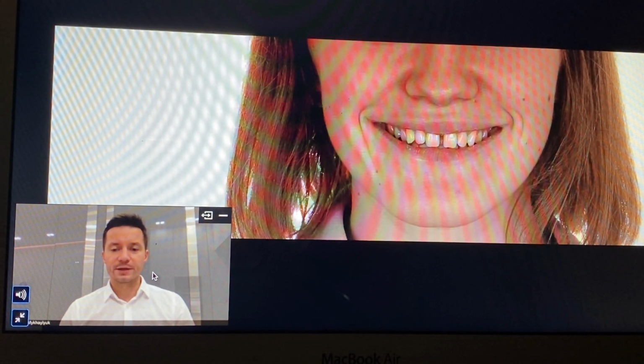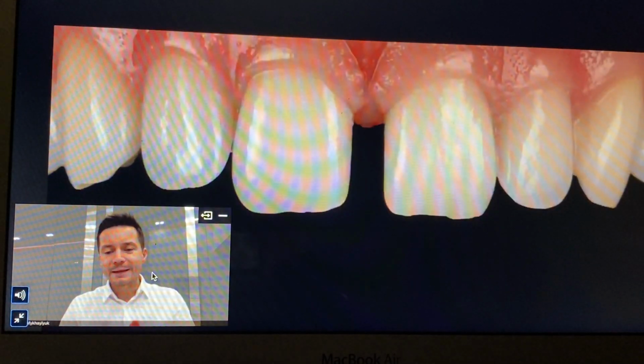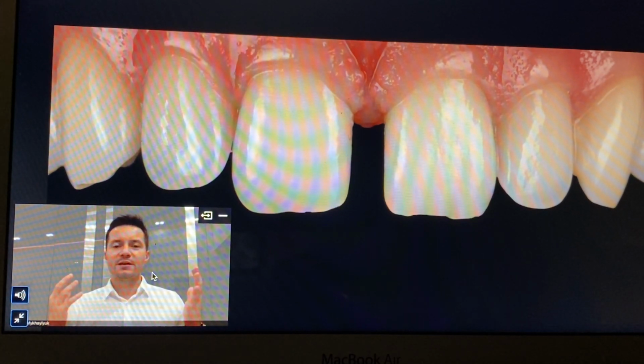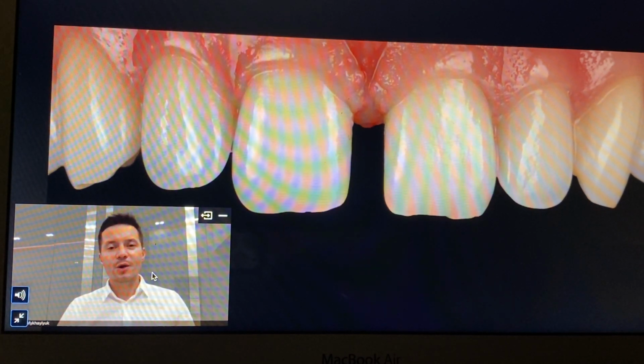What do we see right here? We basically see a minor wear of the incisal edges of the two centrals. We also see a very young patient, and we understand whatever we do today for a patient is not going to last forever. You know, this is the first rule I'm trying to explain to all of my patients.